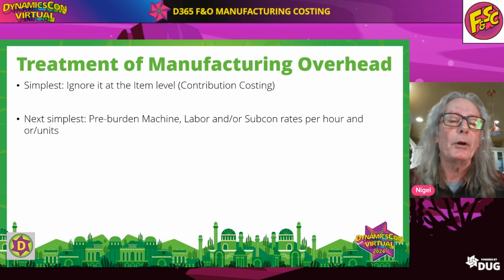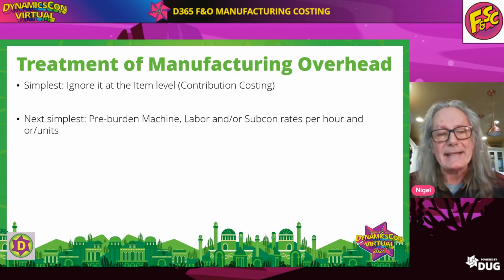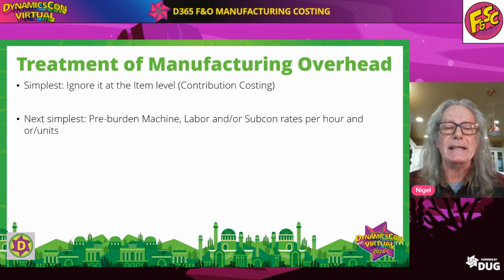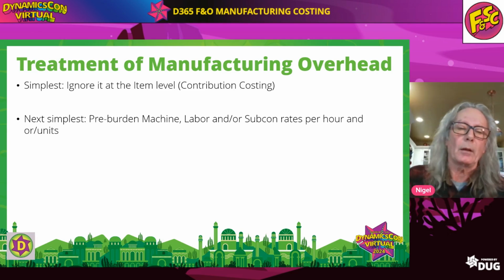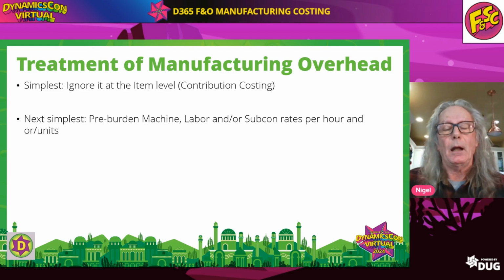Next simplest is pre-burden the machine, labor, and/or subcon rates per hour. This was that second option we talked about, where you're basically inflating your machine hour rates with the labor that the machine needs. In theory, you could do it the other way around: I'm basing it on labor, and I'm adding in a cost for the machines that they use.